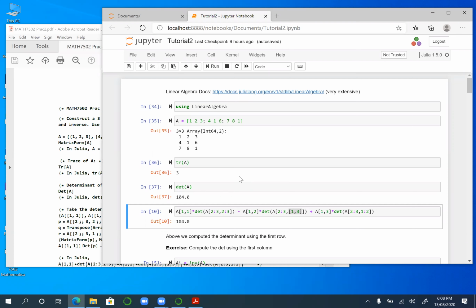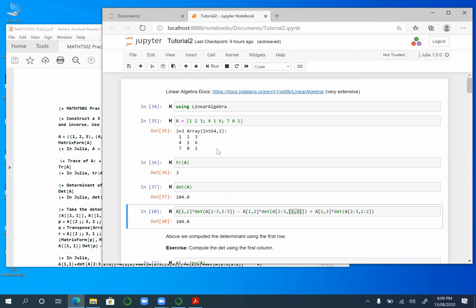This is doing a scalar multiplication here, but the same asterisk will do a matrix multiplication as I've seen below. Now we're taking the determinant of the 2x2 matrix that we obtain by crossing out the first row and the first column, in other words 1, 6, 8, 1. We take the determinant of that and multiply it by the 1 in the top left corner, and that's the first thing that we're adding together to get the determinant if we were calculating this by hand. You can see this is going to agree because we got 104 below it.